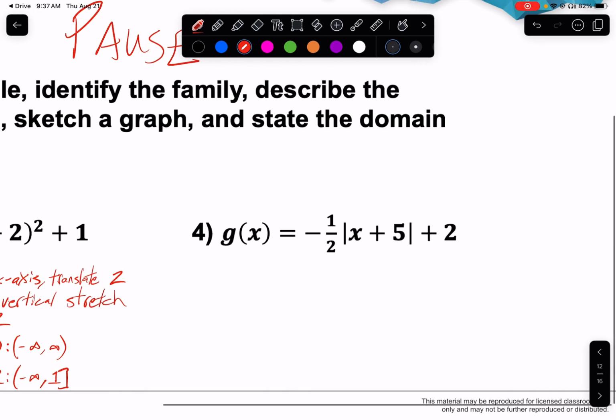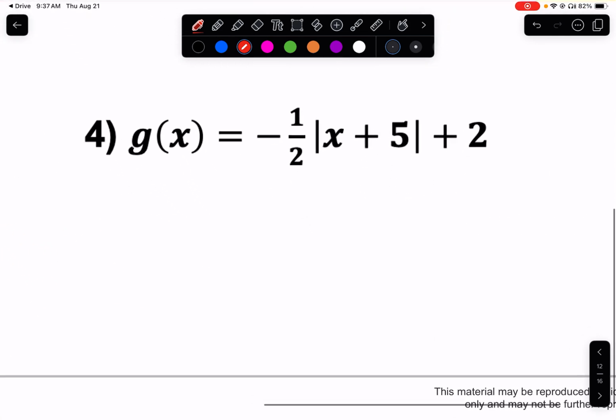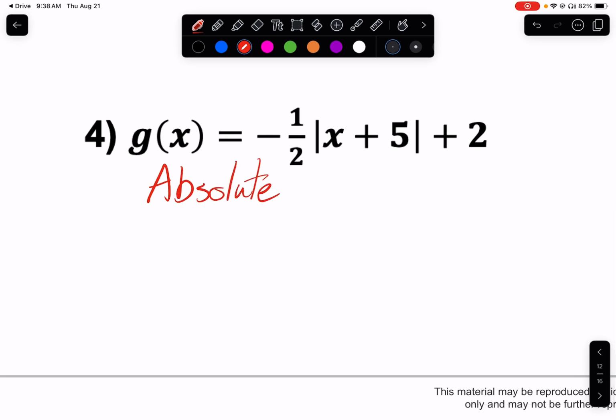Okay, then on this one, we are an absolute function. Okay, and we have a reflection across the x-axis. Now because it's a positive 5, it's actually going left 5.